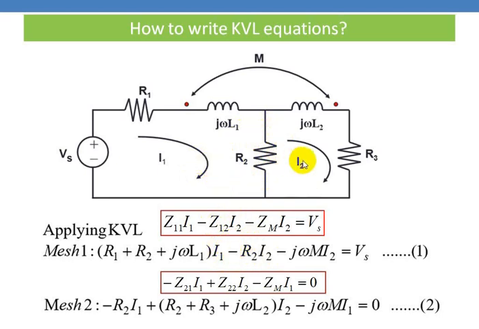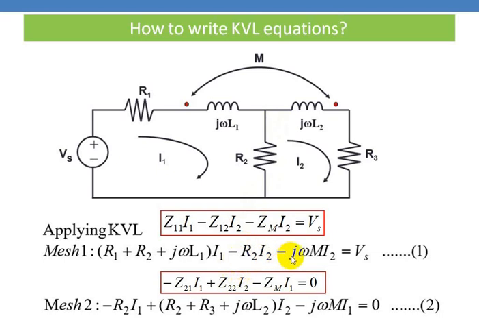You compare the current directions. If these currents are flowing in the opposite direction through this resistance, then you have to write negative here. Otherwise, you have to write positive. For example, in this case, I1 is flowing from top to bottom, whereas I2 is flowing from bottom to top. So they are opposite, so you have to write a minus sign here.